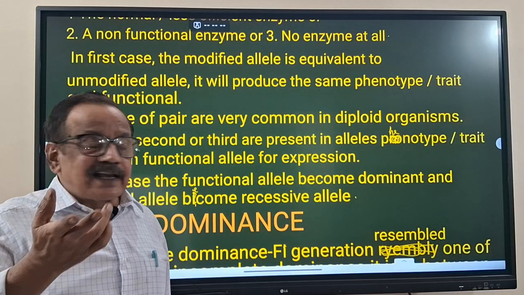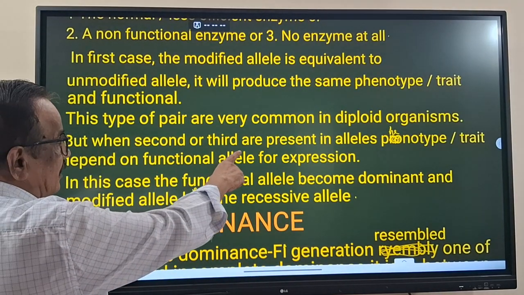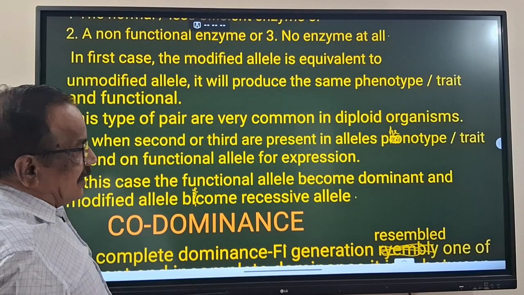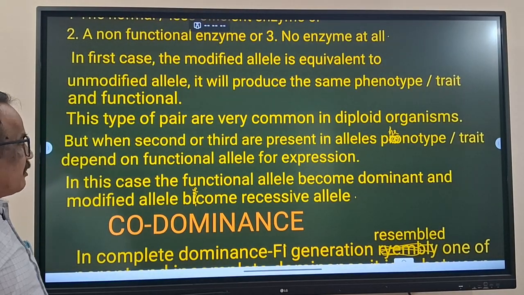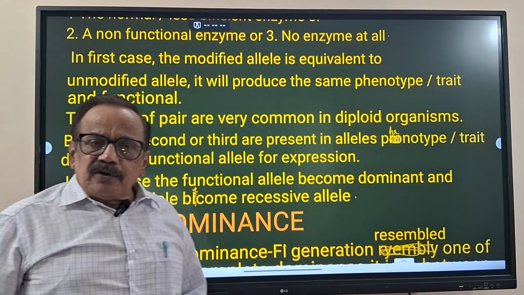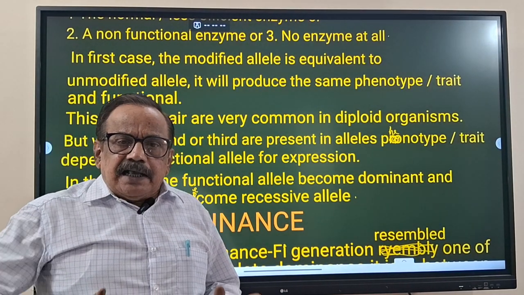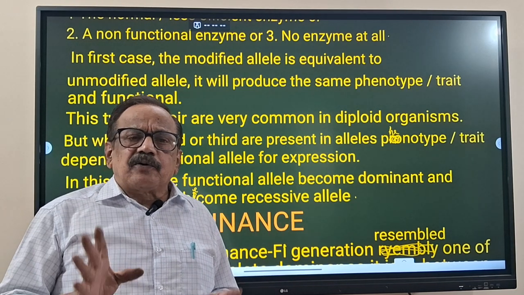So the ratio in the second and third cases, where second and third are present in the allele, the phenotype, trait depends on the functional allele for expression. For example, here capital T is there, small t is not produced.